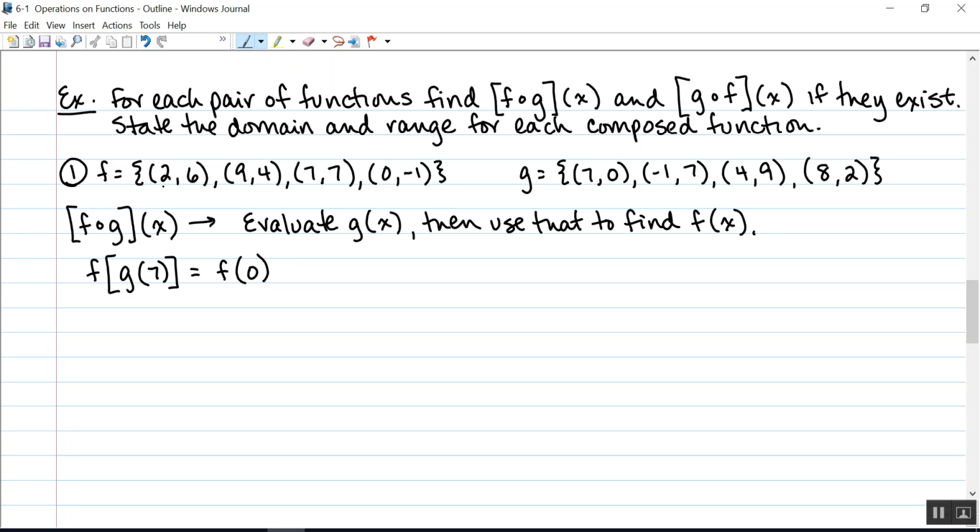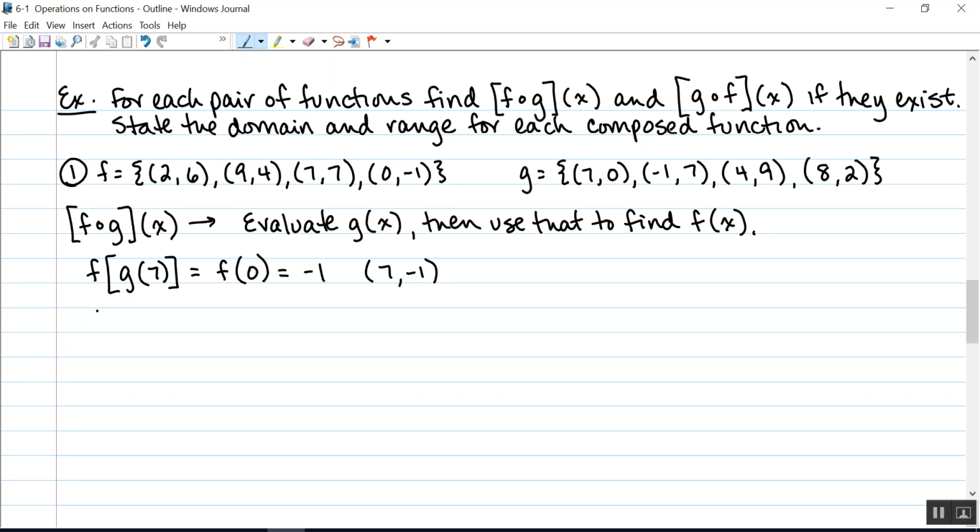Now I go back over here to my f function. Where do I see 0 as an x? Right here in this ordered pair, so f of 0 is -1. That gives me the ordered pair 7, -1, and that's the first ordered pair in the composed function f of g of x.